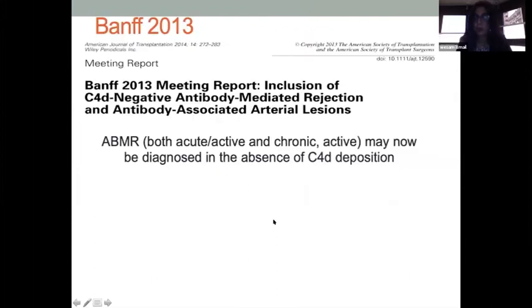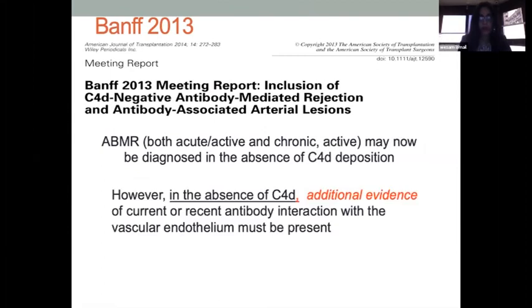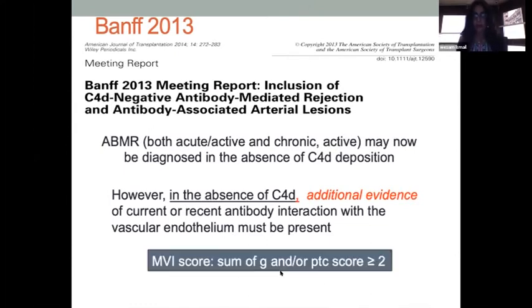Because of the importance of microvascular inflammation and how much it correlates with the presence of donor-specific antibodies, we've recognized that we can have an antibody-mediated rejection without the presence of C4d, and that we can use the MVI score with a special threshold on its own to suggest antibody-mediated rejection.